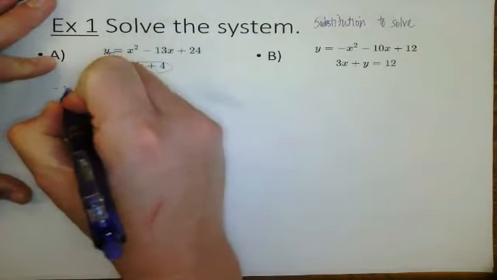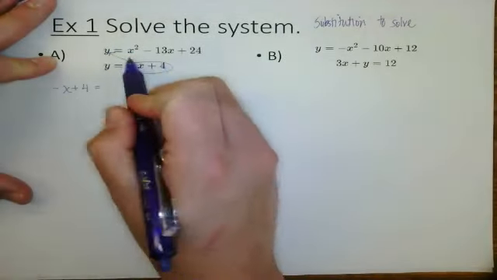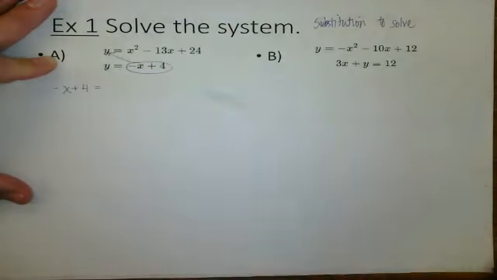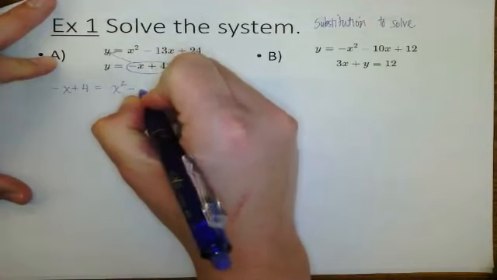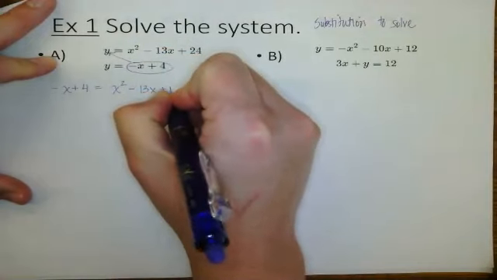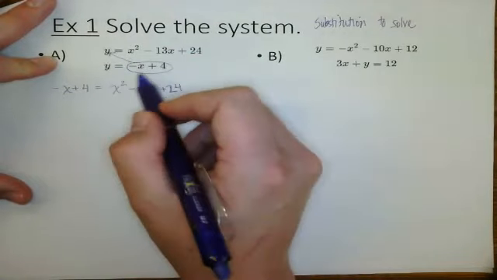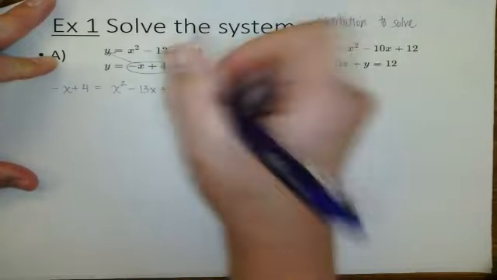And some teachers might say we're just going to set them equal to each other. If A equals B and B equals C, then A must equal C. That's the transitive property from geometry. But really, if they're both equal to y, aren't they both equal to each other? Doesn't that make sense?